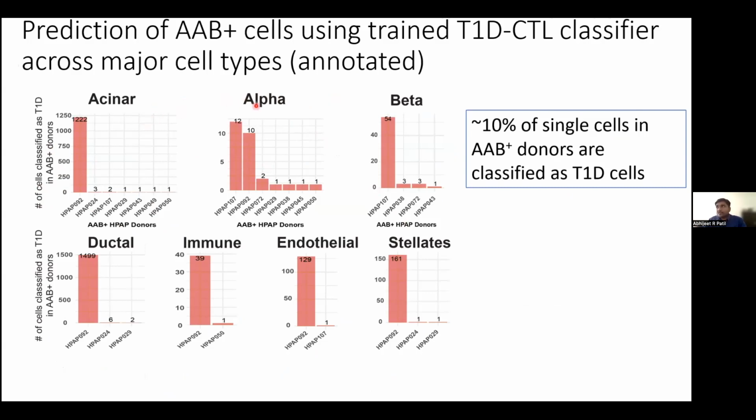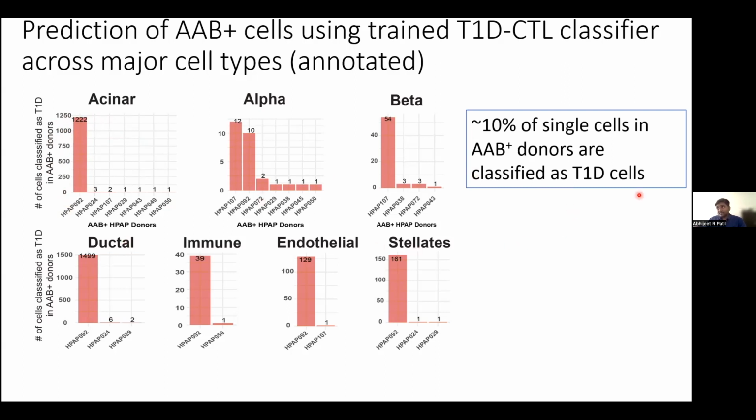We did this across all these different cell types. All these on the x-axis are autoantibody positive donors, and for example, in the first plot, the SNR plot, on the y-axis, we see that HPAP92, this particular donor, had a large number of cells that were predicted as diabetic or type 1 diabetic.